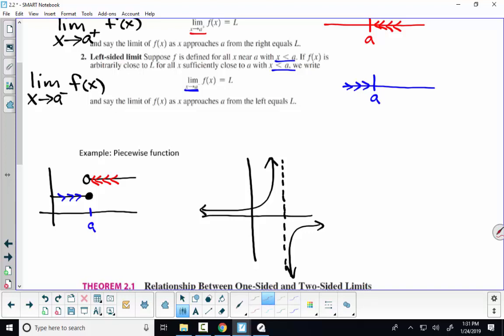Specifically, if we're approaching the asymptote, if this is a, then it would only make sense to approach that on the right-hand side over here and from the left-hand side over here. So a lot of 2.4 is we're dealing with limits as we approach vertical asymptotes.